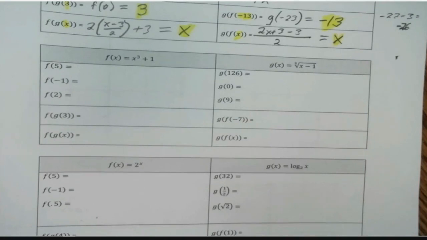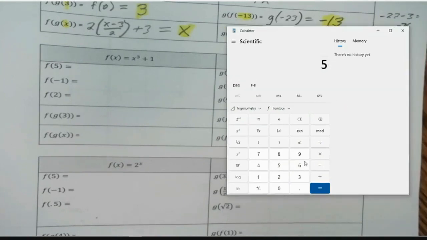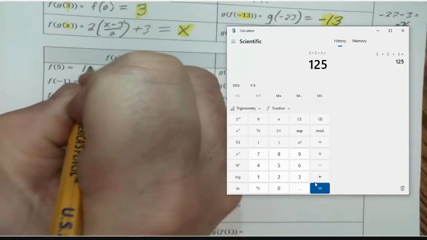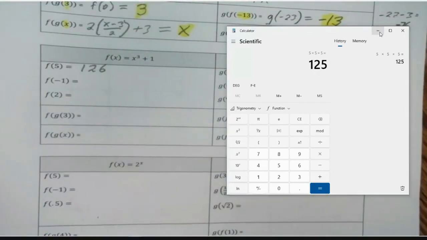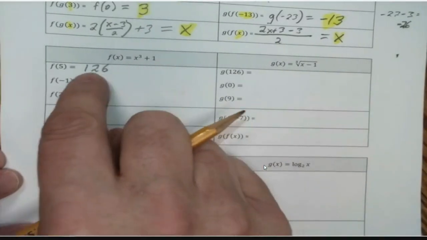Anybody know that off the top of their head? 5 times 5 times 5 plus 1, 126. Yeah, you guys got it. So it's 125, and then add the 1.